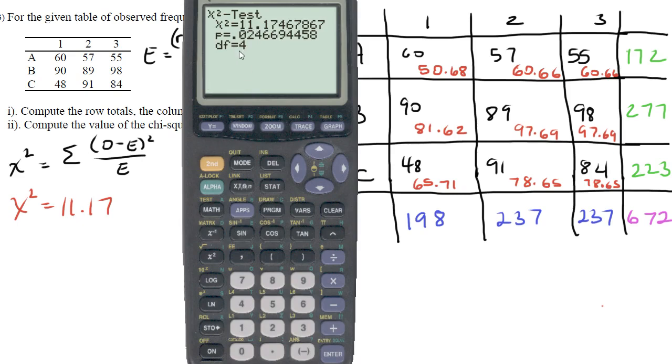It even tells us our degrees of freedom are 4. We know that, right? Because 3 by 3, 3 minus 1 is 2, 3 minus 1 is 2, 2 times 2 is 4. It even gives us the p-value. If you use that p-value analysis, if p is less than or equal to alpha, reject the null hypothesis. If p is greater than alpha, do not reject the null hypothesis.